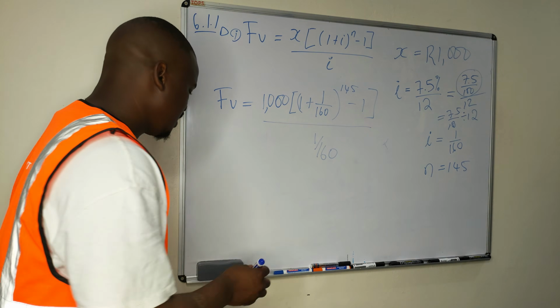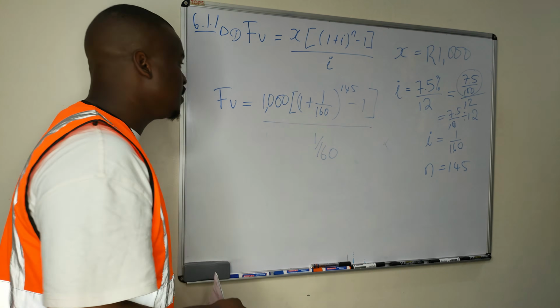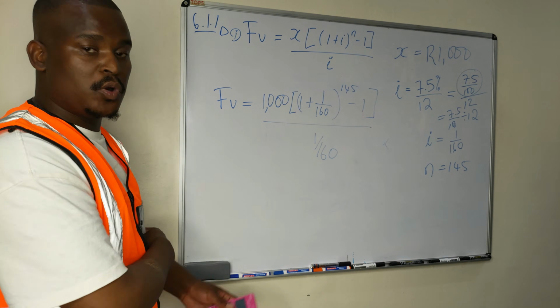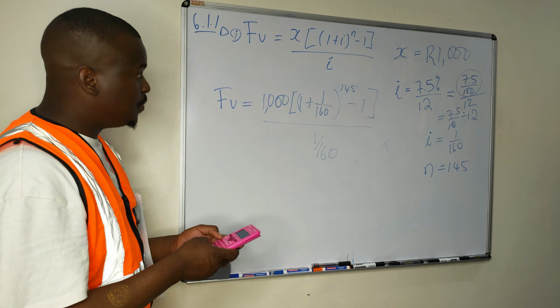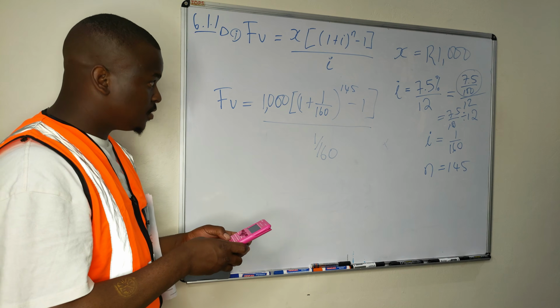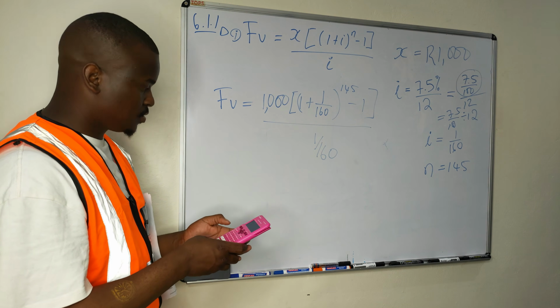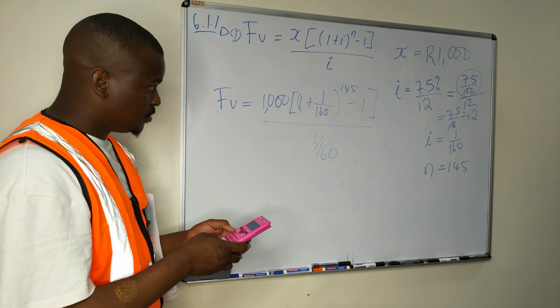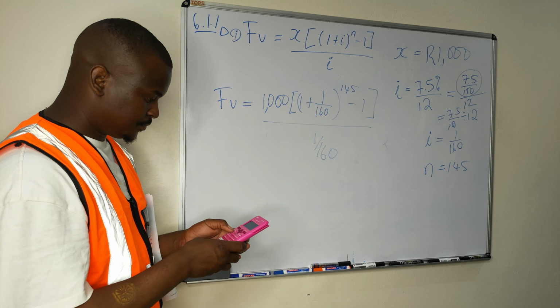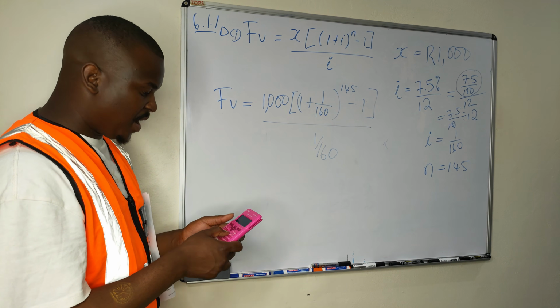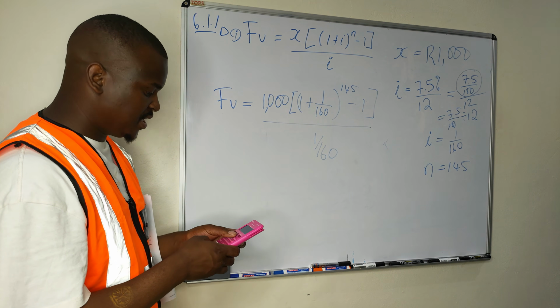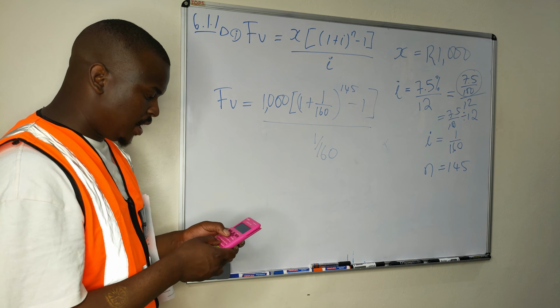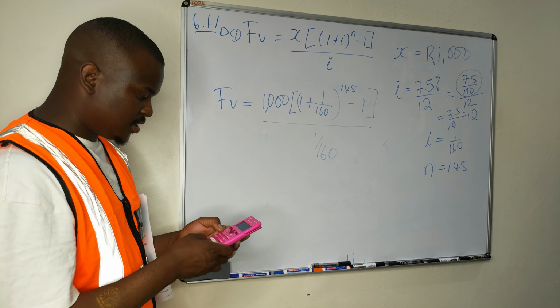This is where we are. Then we can punch this on our calculator and see what our future value will be. So it will be 1,000 into 1 plus 1 over 160, all raised to 145, which is the number of payments made into the account, minus 1, all divided by 1 over 160.